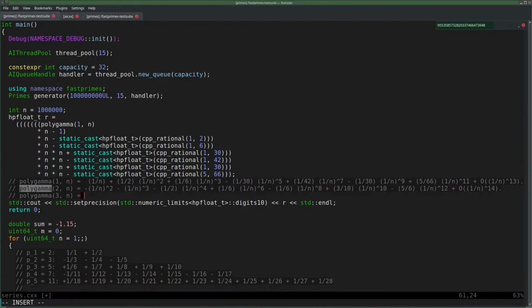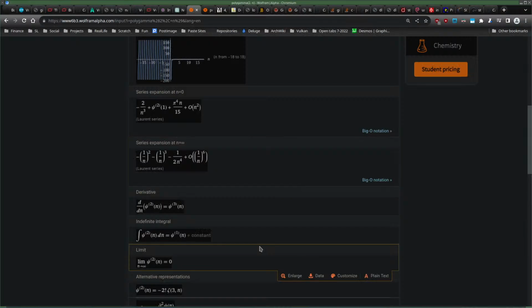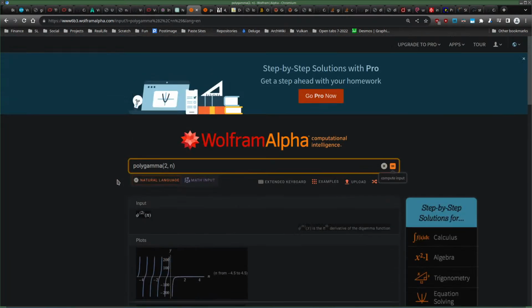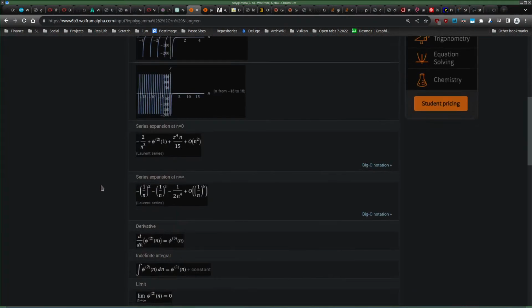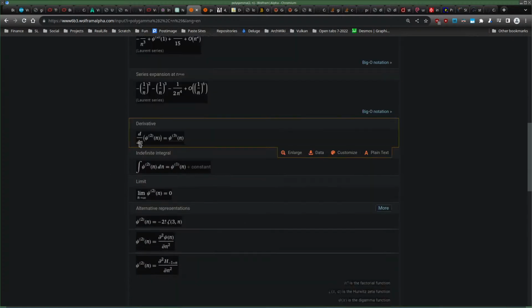So I guess this is again the derivative of the previous one. Let's make sure. Is there not a recursive behavior? Oh, yes, like the derivative of 2 is 3. Yep.